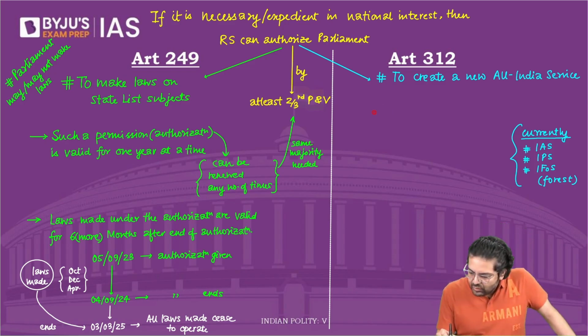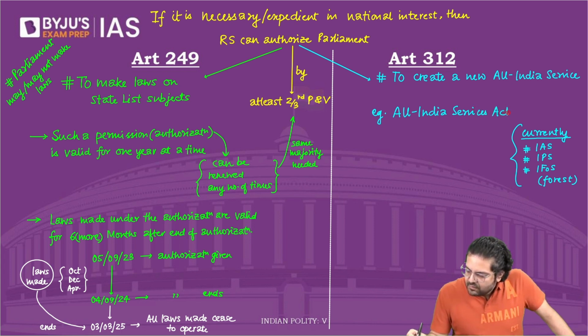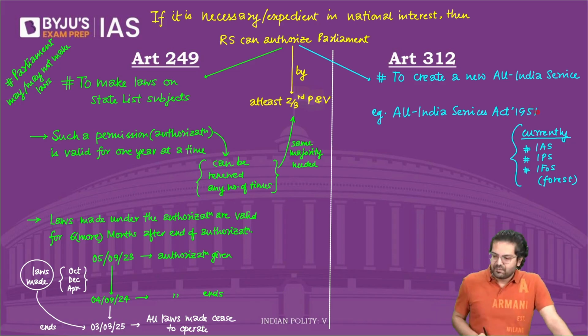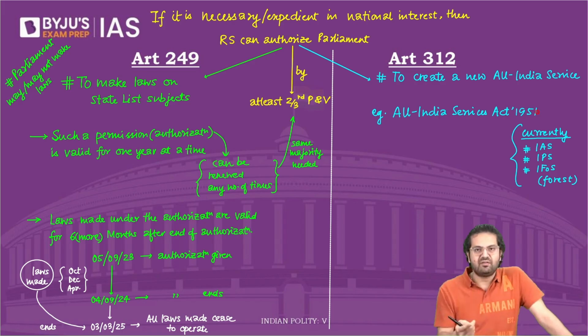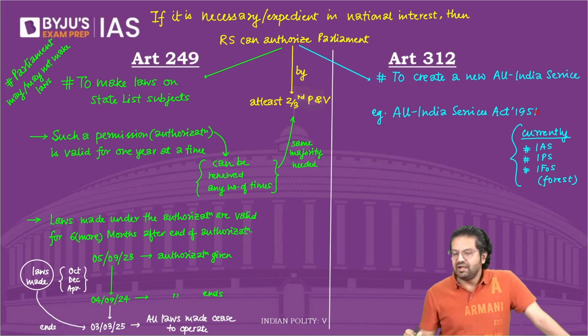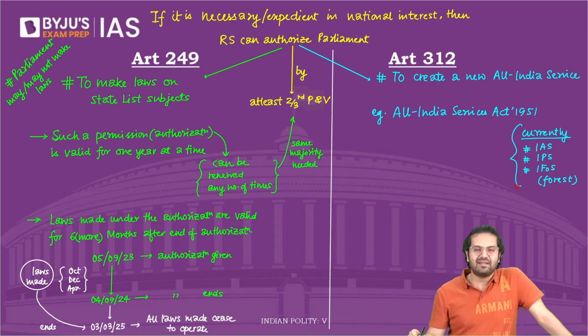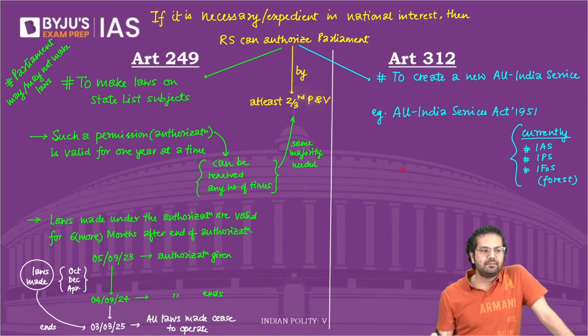That law is called the All India Services Act of 1951. Whenever you have to create any new all India service, like we did for Indian Forest Service in 1966, we have to modify this law only. Are you clear? We have to modify this law.